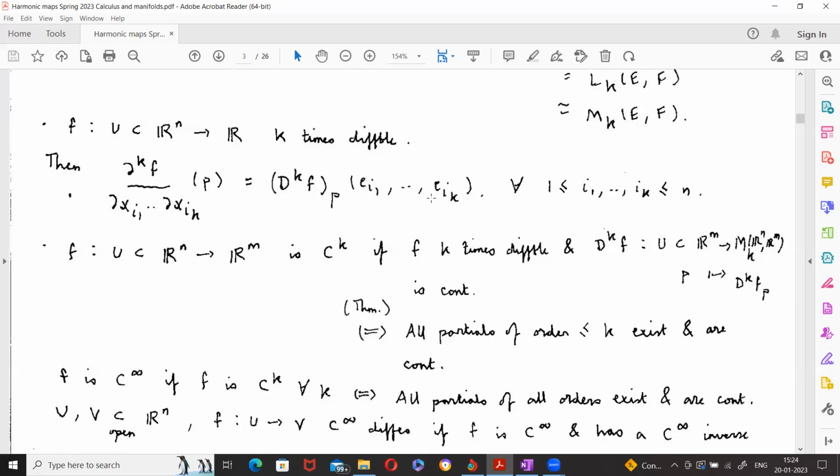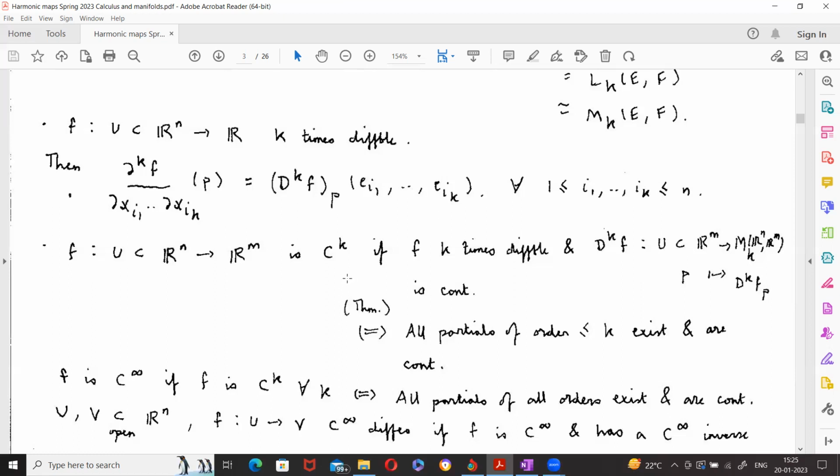Just like we saw for the second derivative, the same holds true for higher derivatives. Is this clear? The statement, I'm not proving this. I'm just asking if the statement is clear. Yeah, it's clear.